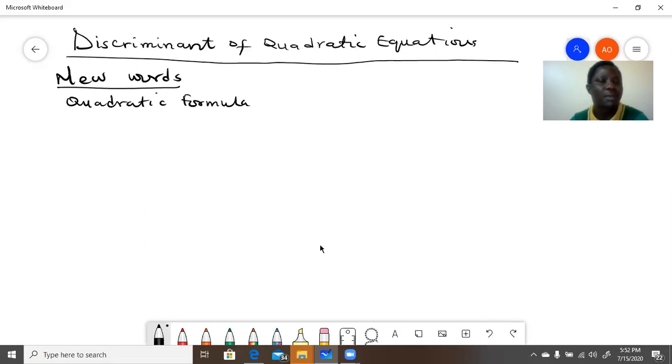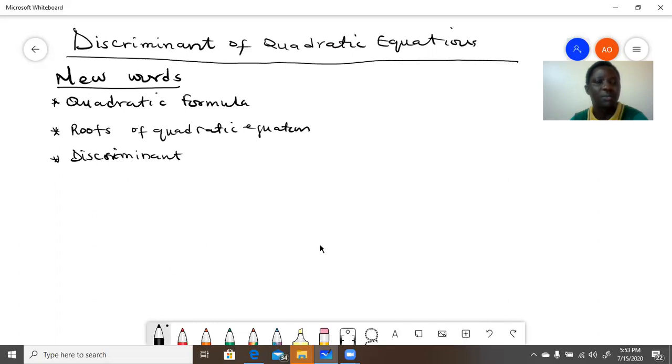Second, we are going to come across roots of quadratic equation, and we are going to talk about the discriminant of quadratic equation. So these three keywords are the quadratic formula, the roots, and the discriminant.